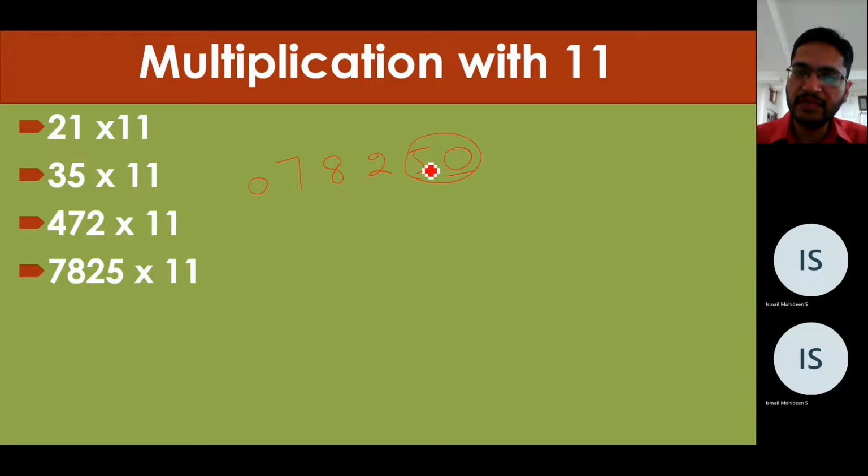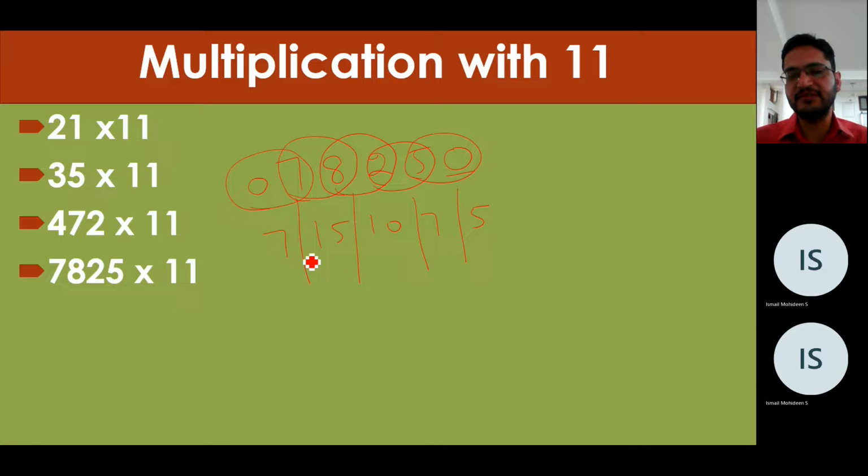First of all, 5 plus 0 is 5, 2 plus 5 is 7, 8 plus 2 is 10. Next pair, when we add 7 and 8, we will get 15, and 0 plus 7 is 7. Now because here we get 2-digit numbers, we will apply the balancing rule.